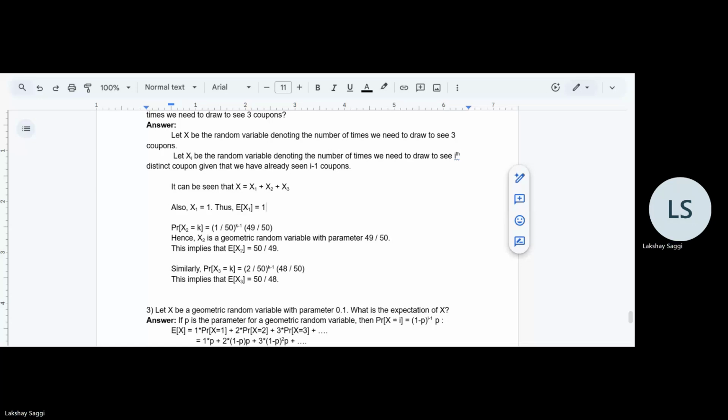So now we have the expectation of x1, of x2, and of x3, and what we needed to find out was the expectation of x.